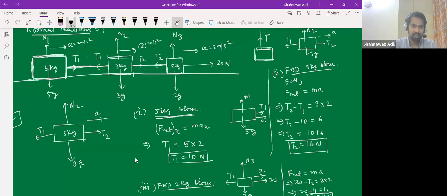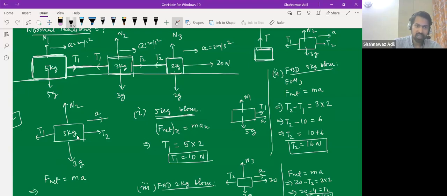If we write only the x direction part, in which it is moving, we apply the second law of motion, F net equals ma.